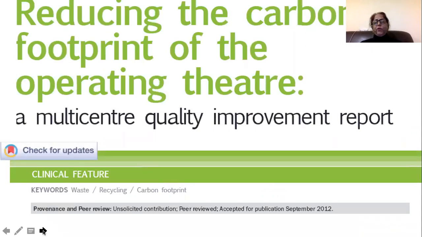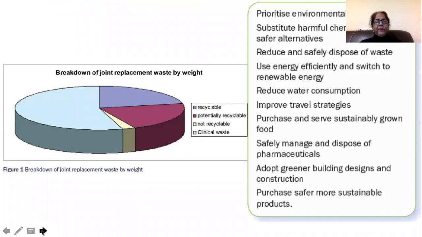Again, a multi-center quality improvement report was submitted by the authors in 2012, and the breakdown of joint replacement waste by weight was calculated, and it was seen that this amount of things was recyclable, and then the purple portion was potentially recyclable, and this constituted the clinical waste.